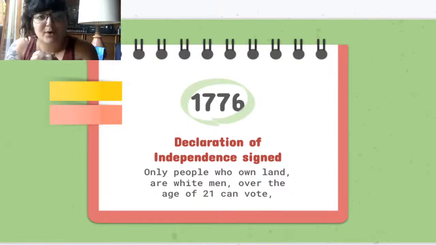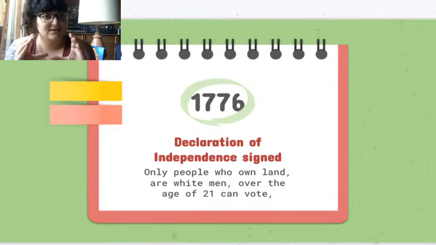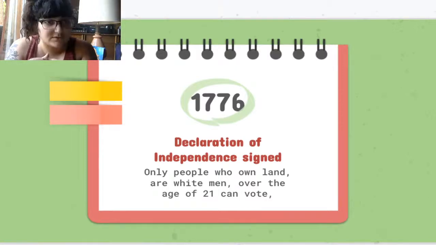So the point that I'm trying to make is knowing who was allowed to vote, and what was the law or the legal system in place that said that, right? This is the Declaration of Independence, said that only people who owned land, who were white, who were male, and who were over the age of 21 were allowed to vote.